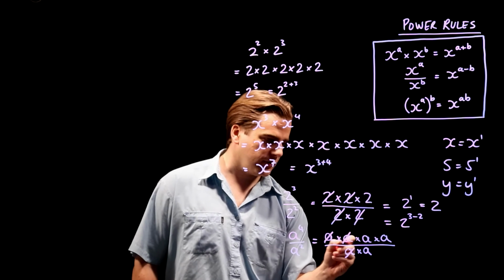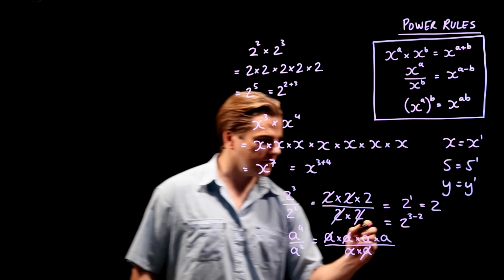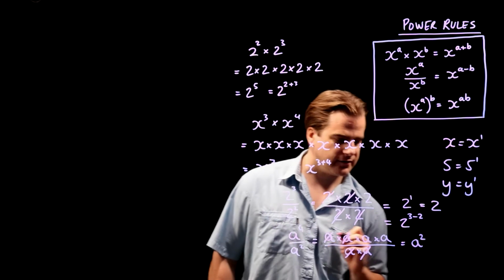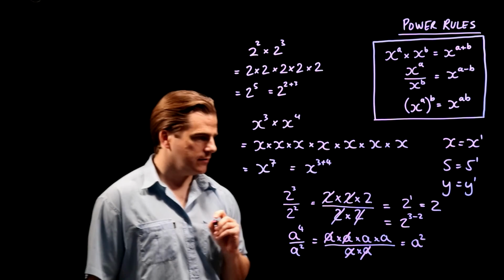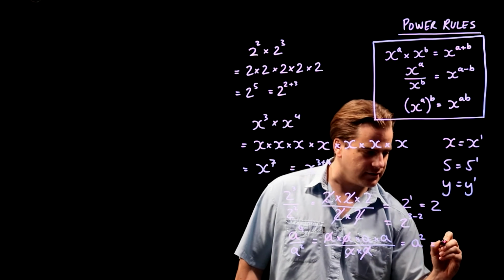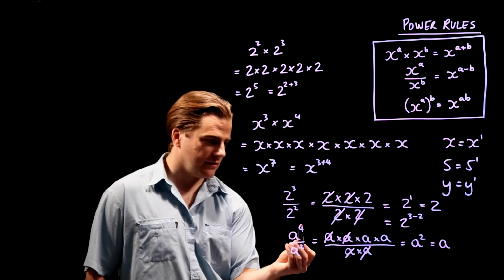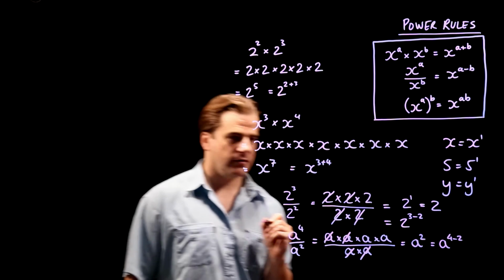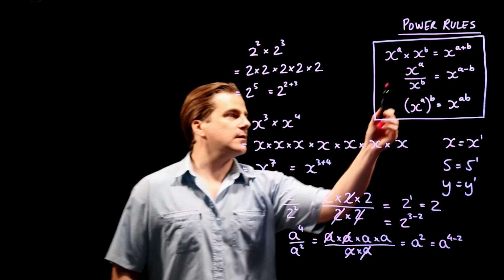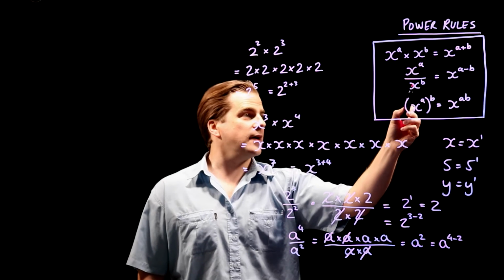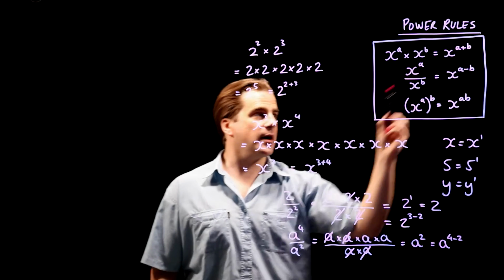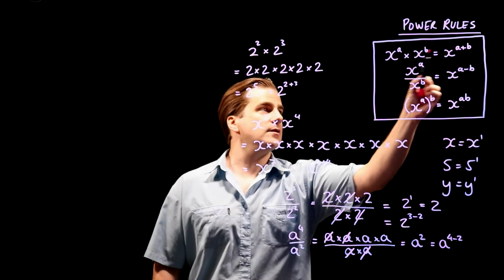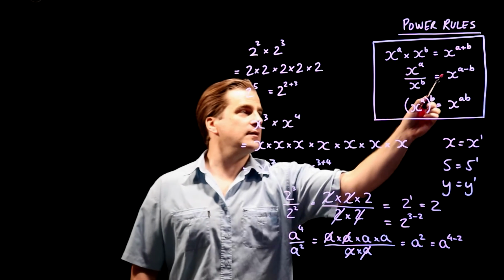A on the top, a on the bottom, they cancel. So we're just left with a times a, which is a squared, which is the same as a to that minus that, 4 minus 2. So it works. X to the a divided by x to the b is x to the a minus b. When dividing, you subtract the powers. When multiplying, you add. When dividing, you subtract.